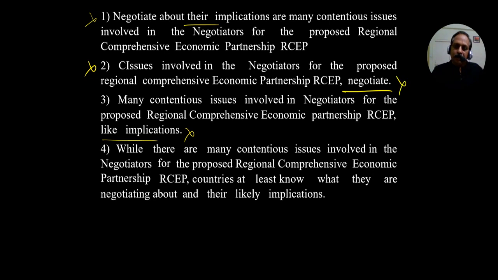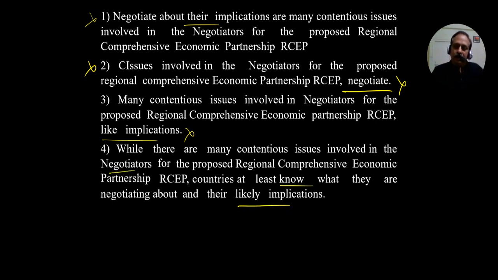While there are many contentious issues involved in the negotiators for the proposed regional comprehensive economic partnership, RCEP, countries at least know what they are negotiating about and their likely implications. This seems crystal clear, except the word negotiators.